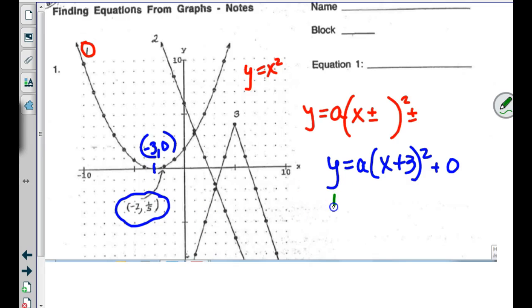Isn't it 1/5? 1/5 equals a, and this is the x value we're putting in, -2 plus 3 squared plus 0. That was pretty much a gift, because what do we get? -2 plus 3 squared. So we have 1a equals 1/5. Okay.